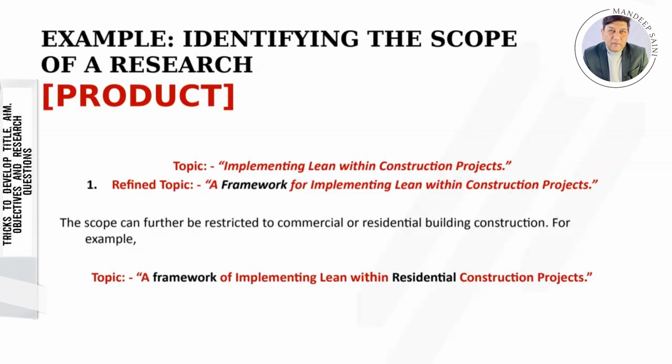Now, what else can be done? We are talking about the product. The initial, generic topic was implementing lean within construction project. Then we have the refined topic, a framework for implementing lean within construction project.